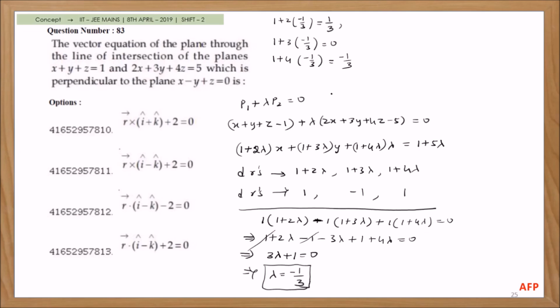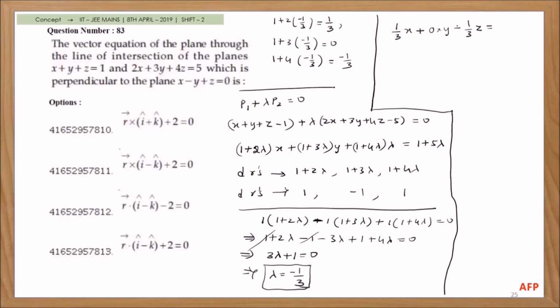So this is the plane equation we got: 1 by 3 x plus 0 into y minus 1 by 3 z is equal to, and one more part we calculate here, 1 plus 5 times minus 1 by 3, which is minus 2 by 3. So this is nothing but x minus z is equal to minus 2.